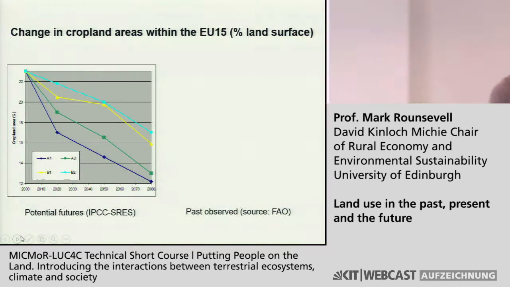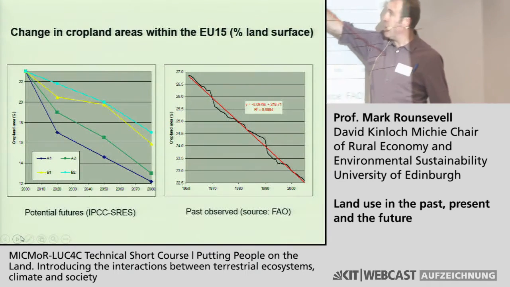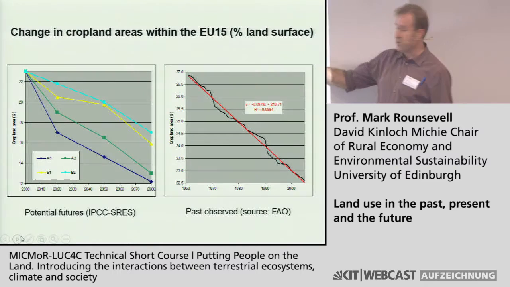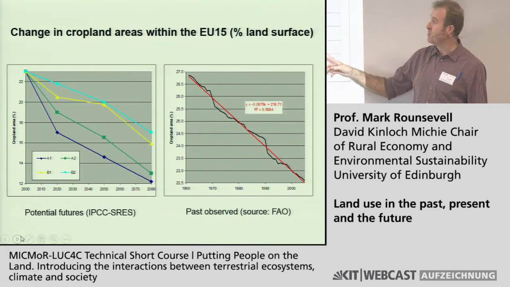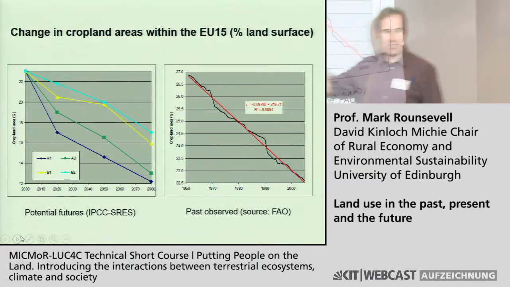And if we think about some of these processes we were looking at previously, this is exactly the same curve I showed you earlier of decreasing agricultural areas from the observational data, and you could fit a pretty good linear trend through that. Good fit. There's no connection between these data and this model.